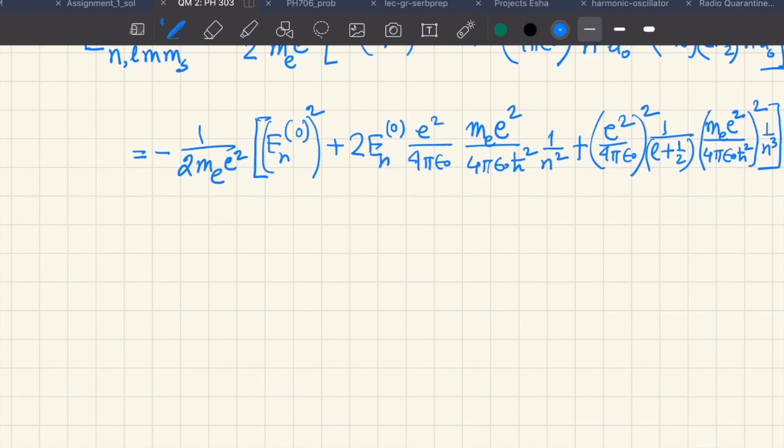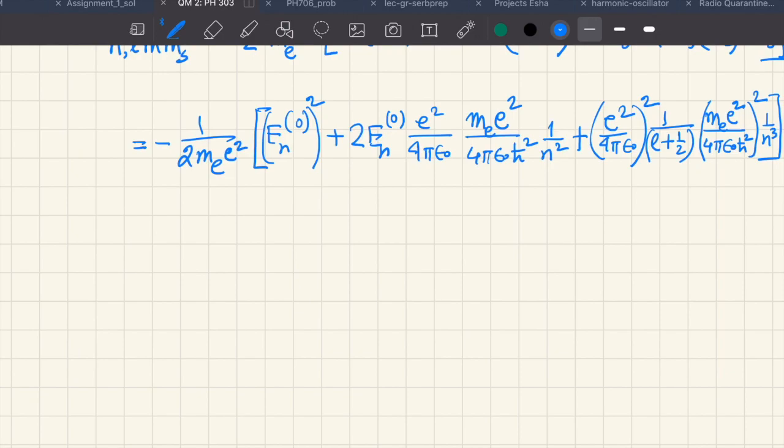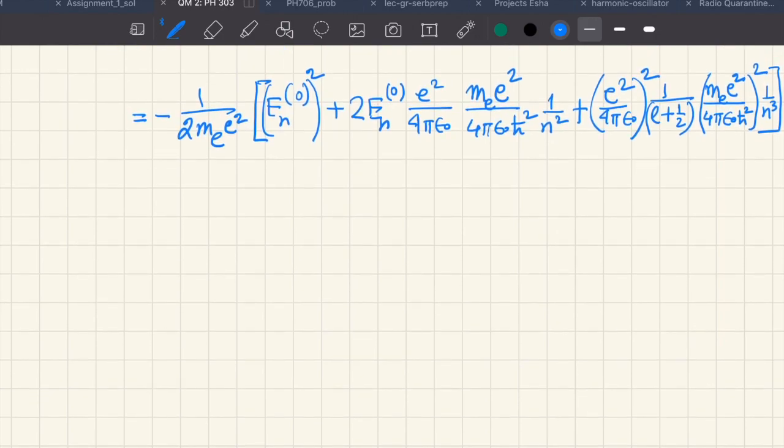So that's it. If we now simplify everything, what we will obtain is minus 1 by 2 m e c squared into En0 whole squared, and then from here you can see that we have e square by 4 pi epsilon naught whole squared times h bar square n square, and then there is 1 En0.